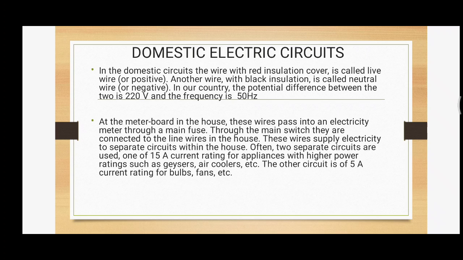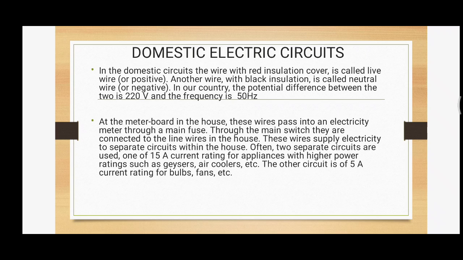You also know that there are two lines: one is the phase line or live line, and the other is the neutral line or negative line. Through these two lines the current is coming, isn't it? As the current reaches our house, there is the meter board.